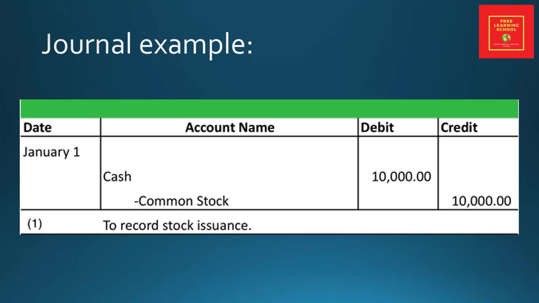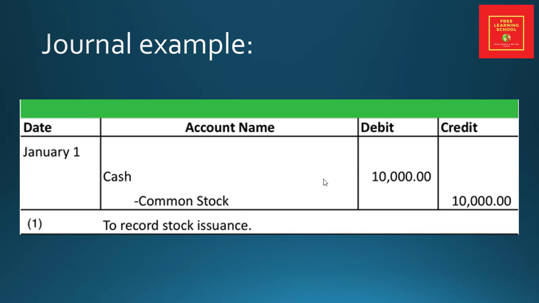For example, on January 1, 2019, your company issued common stock. You got cash as you are issuing the common stock. You have received cash, so the organization's asset has increased, and as we know, when an asset is increased, it will be debited.